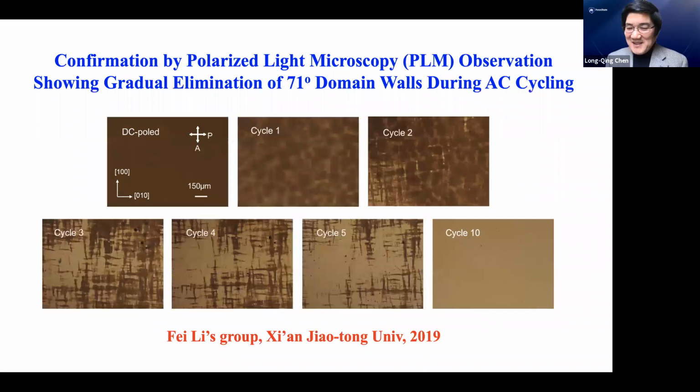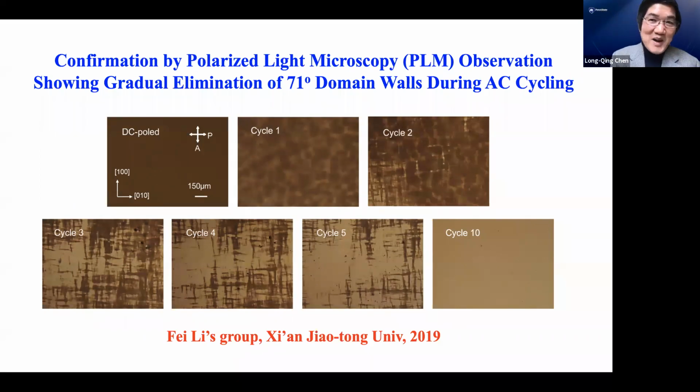Now, we also have to do much more careful experiments. Most of the existing experimental observations rely on PFM, or piezoresponse force microscopy.